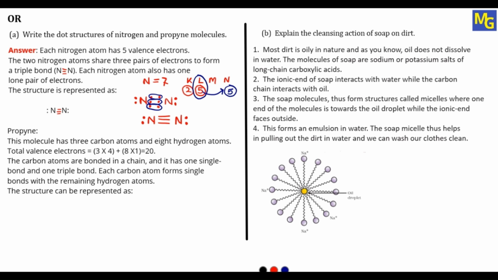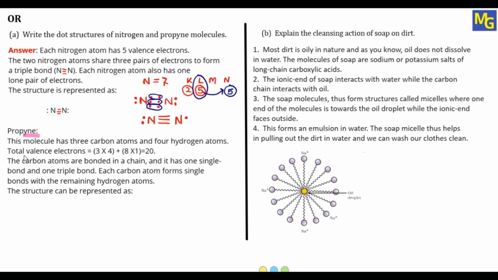Now if you see propyne, this molecule has 3 carbon atoms and, sorry, it will have 4 hydrogen atoms, because the carbon-carbon has one triple bond, since it is propyne, and YNE is nothing but a triple bond, an alkyne.